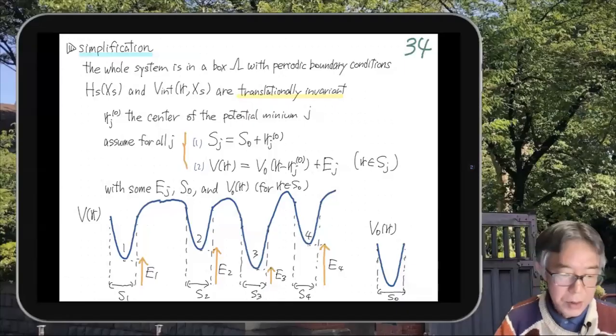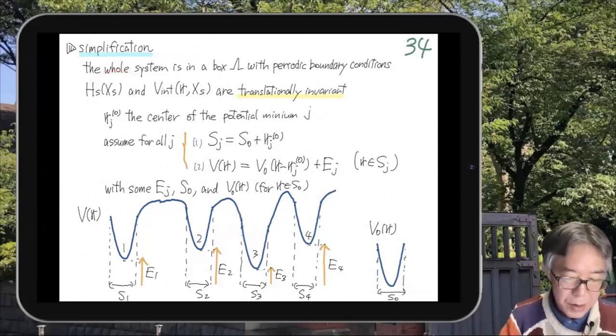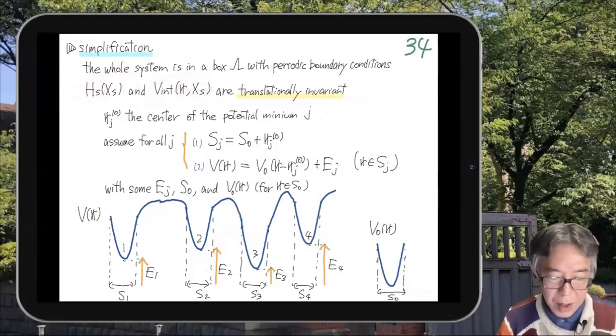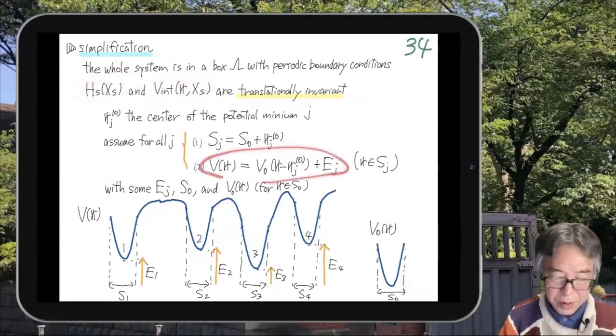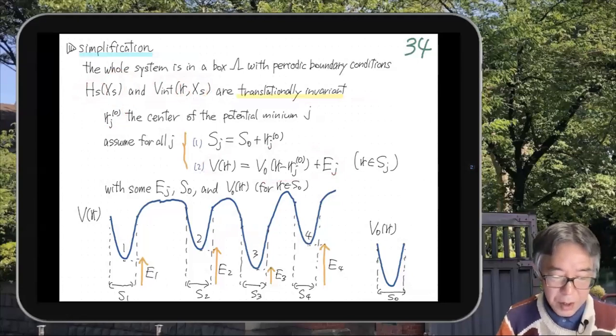To be more precise, I assume that this HS of XS, the Hamiltonian for water molecules, and this one representing the interaction between the particle and water molecules, are translation invariant. Also VR is written like this. First of all, R_j0 denotes the center of the potential minimum j.